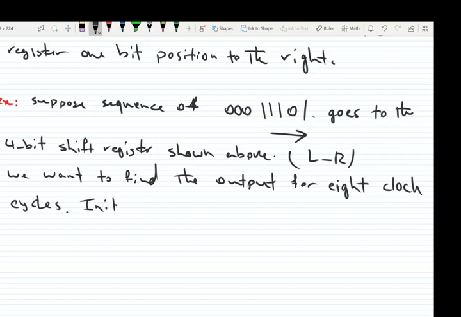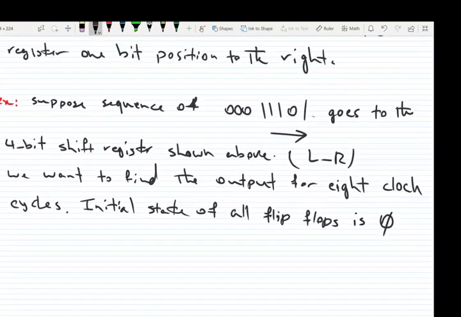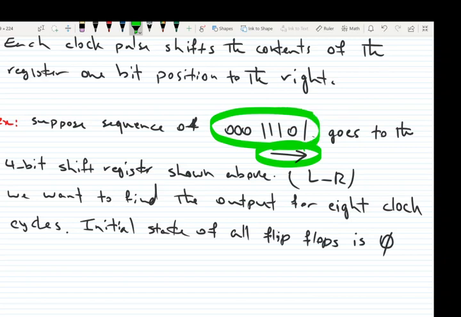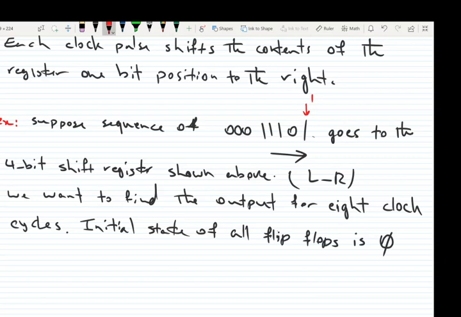Initial state of all flip-flops is 0. Okay. So first thing I need to mention is this arrow. It means that if these 8 bits are supposed to enter a shift register, this bit will enter first, this one second, this one third, this one fourth.